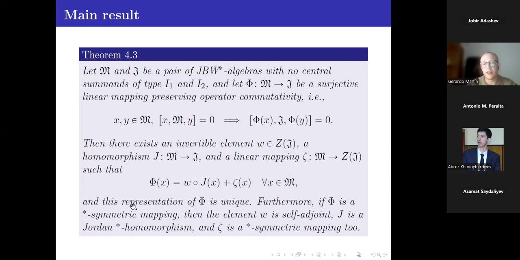Furthermore, if phi is a star symmetric mapping, then this element is self-adjoint, the homomorphism is a Jordan star homomorphism, and theta is a star symmetric mapping too.